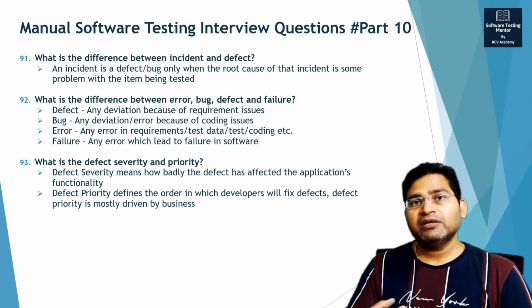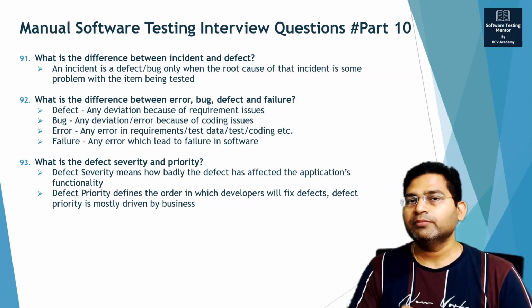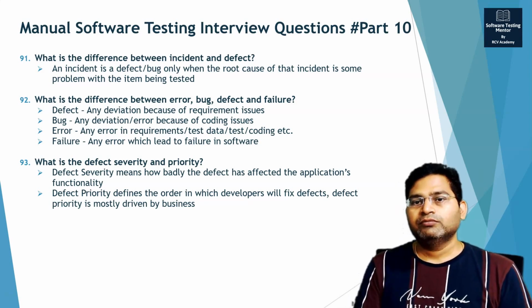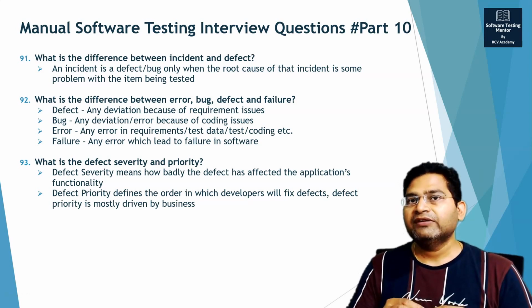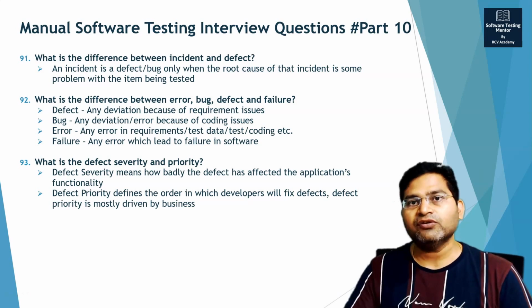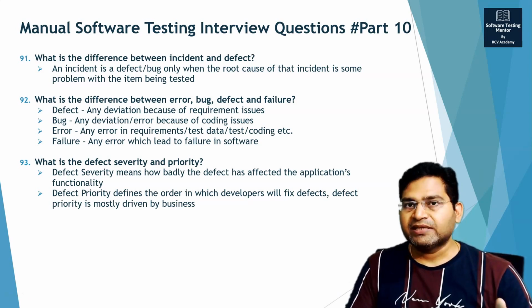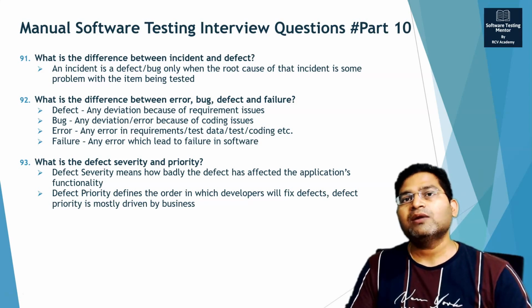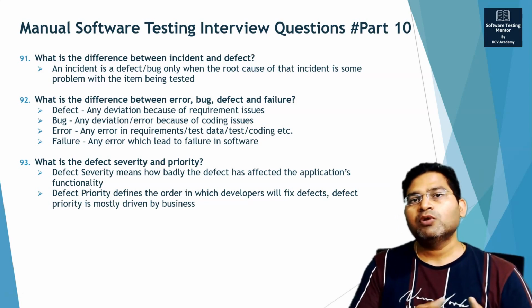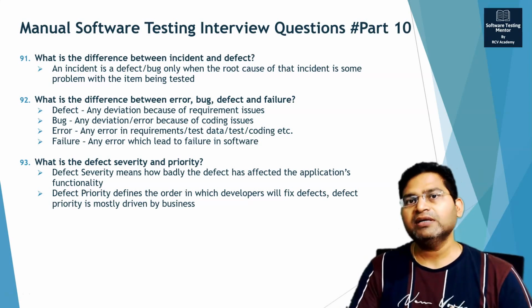So the person is not able to register using a Google account. This is also a defect, because it's impacting the functionality of the application. But the severity is low because all other registration options are working fine, so this is not blocking the overall testing or overall flow of the application.